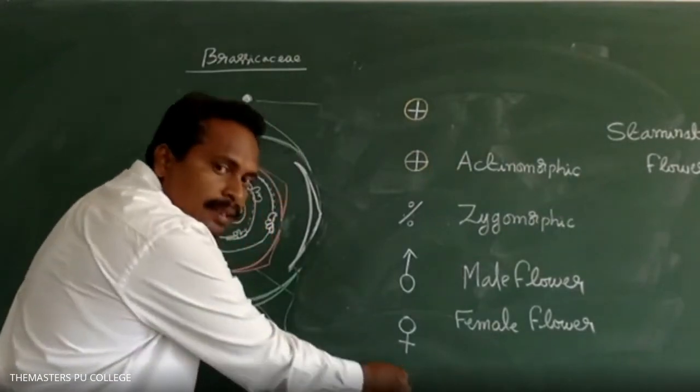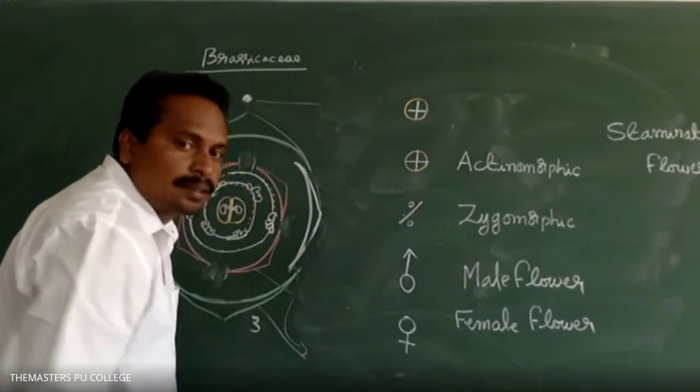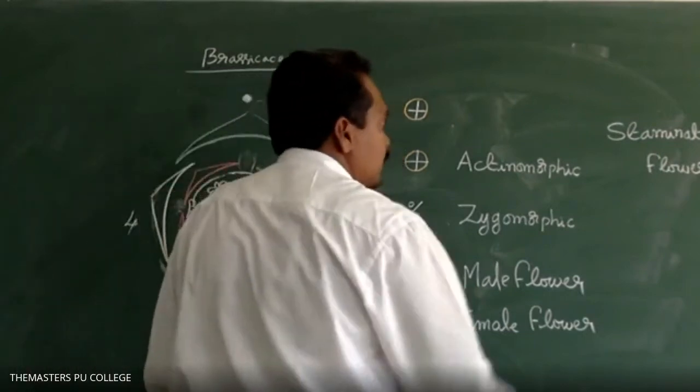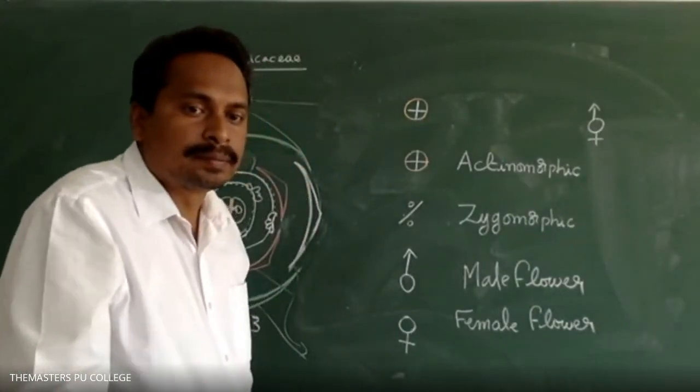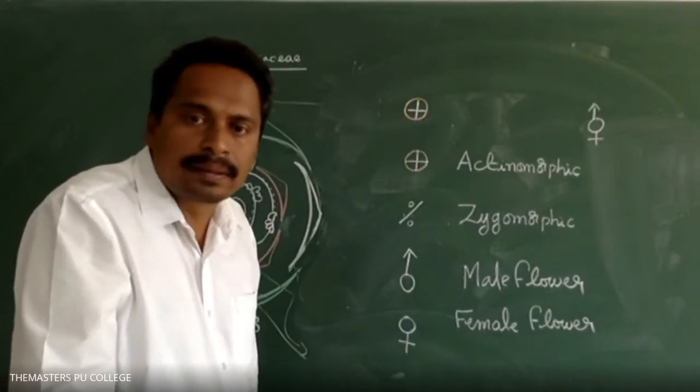No, sir, it won't be visible. Suppose bisexual flower and male flower are both represented by the same symbol, right, sir? Because in one of the books I had seen they both were represented by the same symbol.